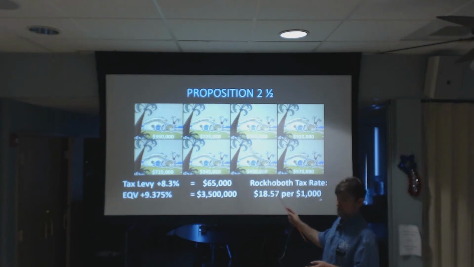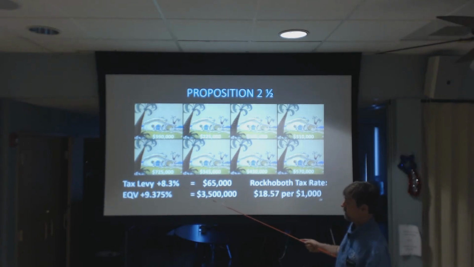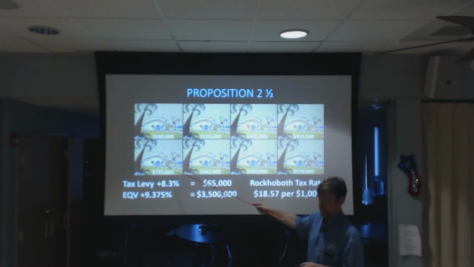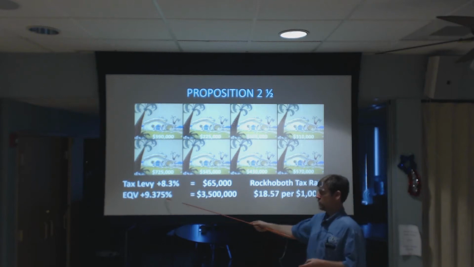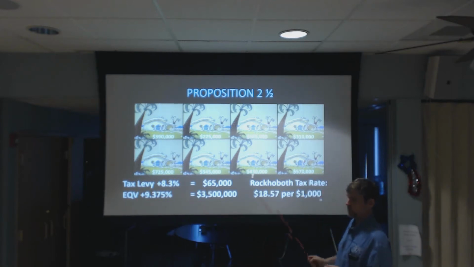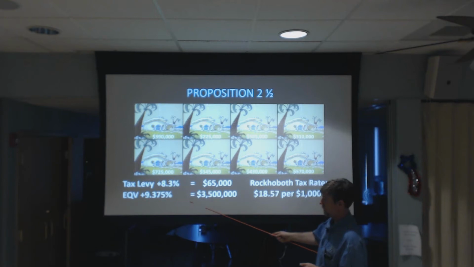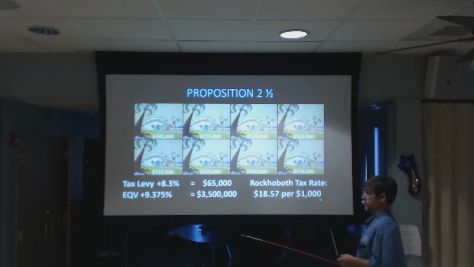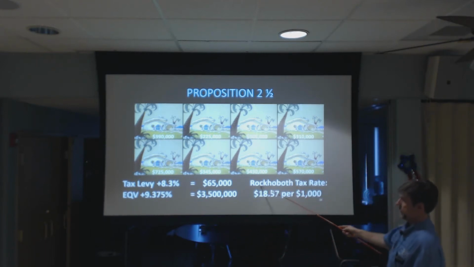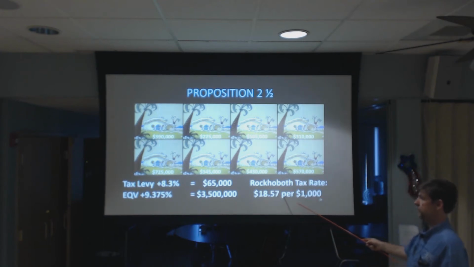But because we went through a revaluation and we had some new growth, which would be, for instance, somebody adding a garage onto their house, we saw the EQV go up 9.375%. So the EQV, the tax base, went up higher at a greater rate than the tax levy. So what ends up happening is the tax rate drops to 18.57 per thousand.